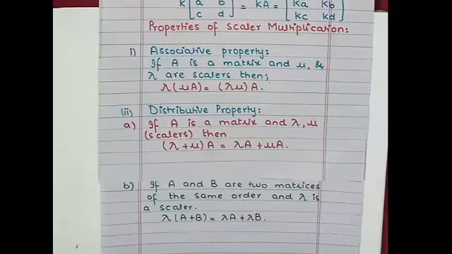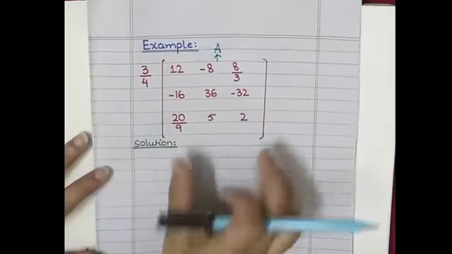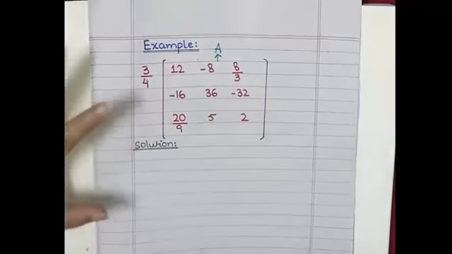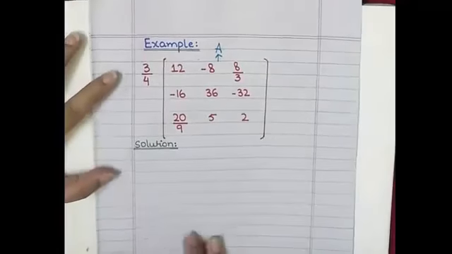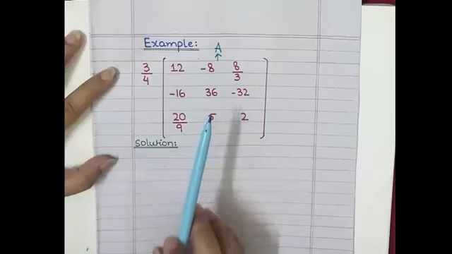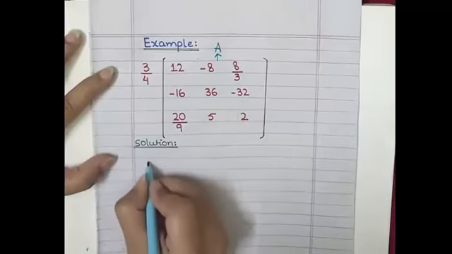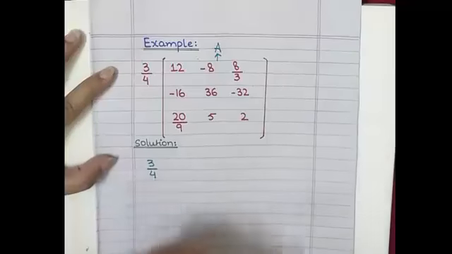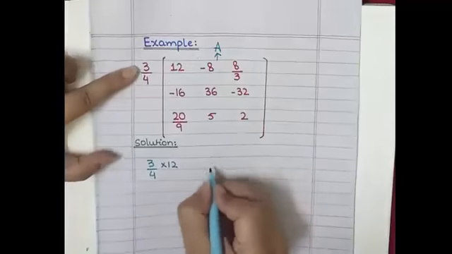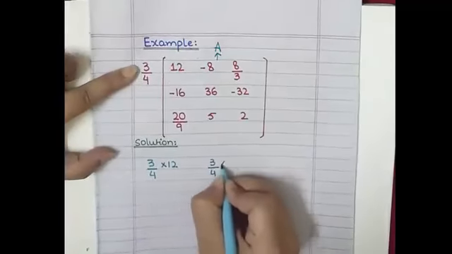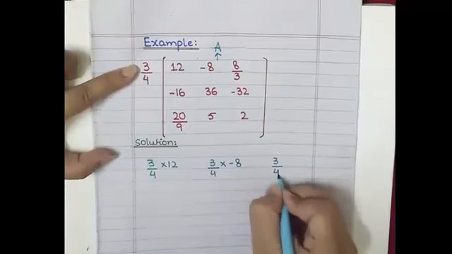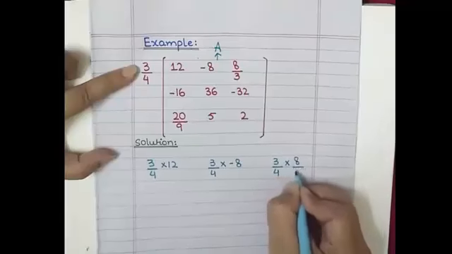Now let's take an example. This is the matrix A and this is a scalar, 3 over 4. To multiply the scalar with matrix A, multiply the value of this scalar with all the elements of the matrix A. We have 3 over 4 times 12, then 3 over 4 times minus 8, 3 over 4 times 8 over 3.